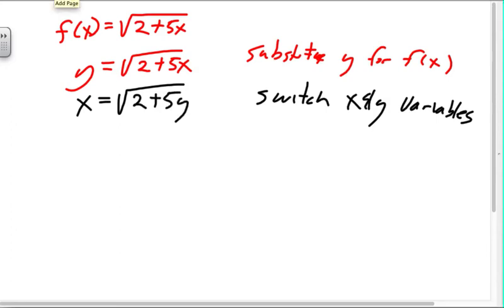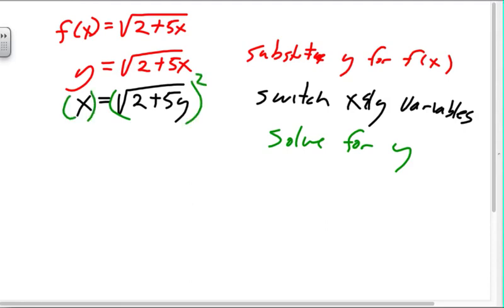So now we've done that part. Now we need to solve for y. Well, the first thing I notice is a problem: I have a square root. This is not a problem. I square both sides. This gives me x squared equals, the square of the square root cancels it out, so I get 2 plus 5y. Now I solve for that.